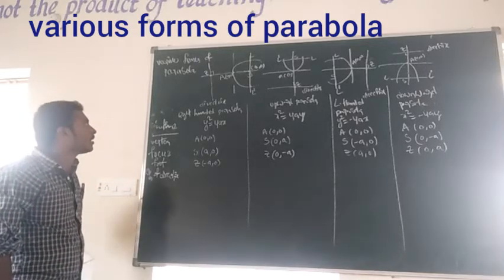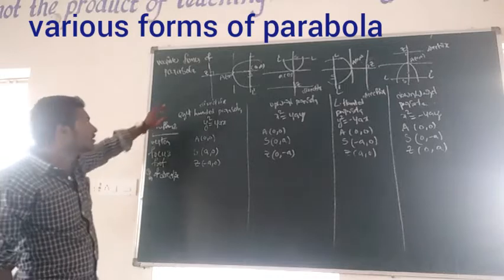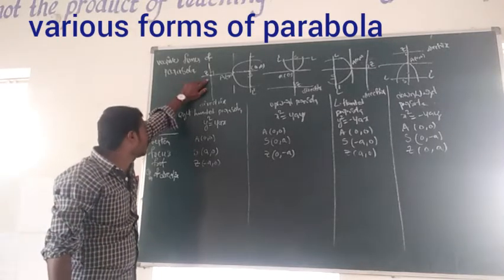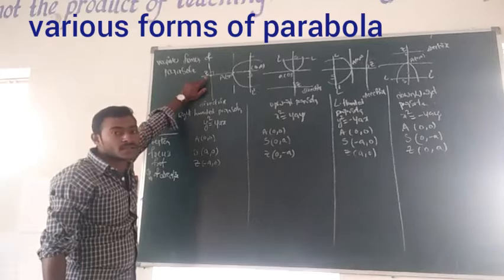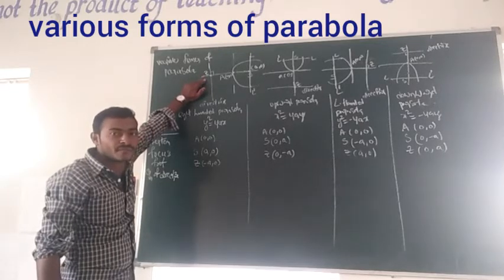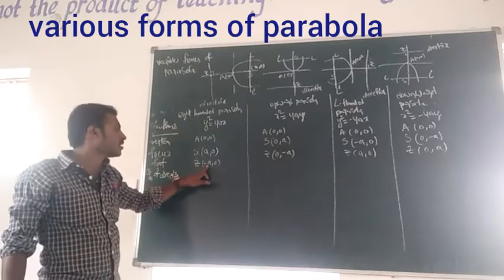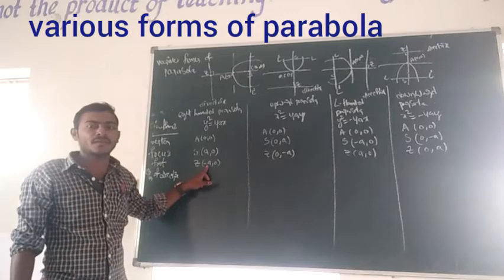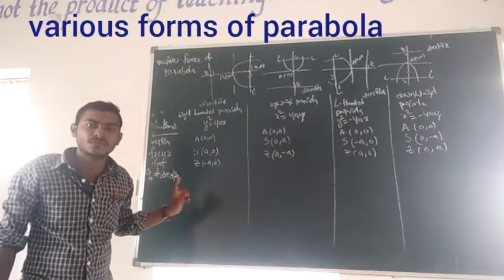Here the x value has a negative sign, that is minus a units. The projection lies on the negative side of the x axis, so the unit is minus a. So x equal to minus a, we get x plus a equal to 0.